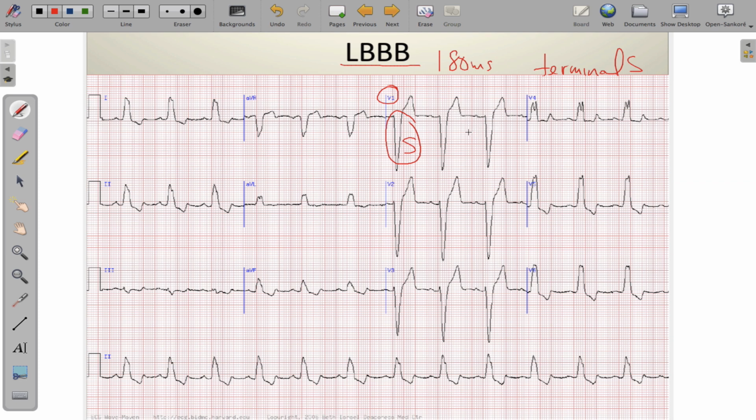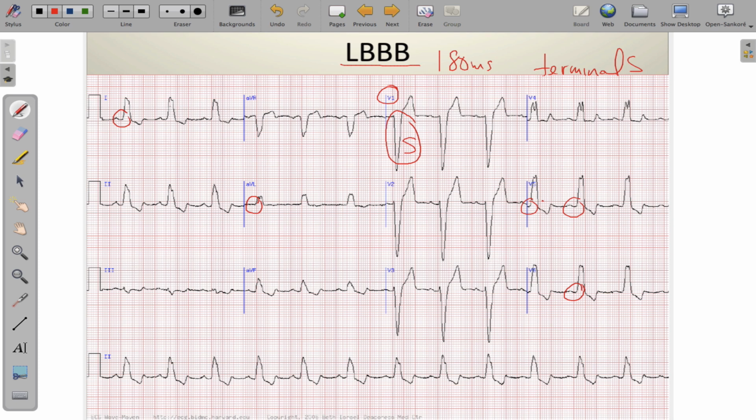Now let's look at some other components here. We're going to go to lead 1, we're going to go to lead AVL, we're going to go to lead V5, I should have picked this guy here, V5 and V6, and we're going to look for Q waves, and you'll notice there are absolutely no Qs here, so that's good. The other thing we want to look for is the pattern of appropriate discordance.